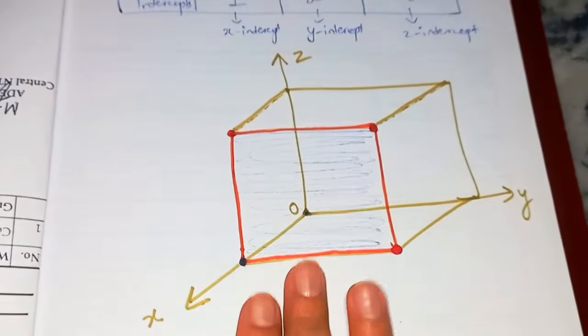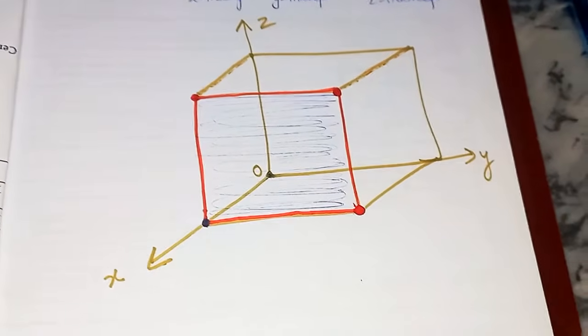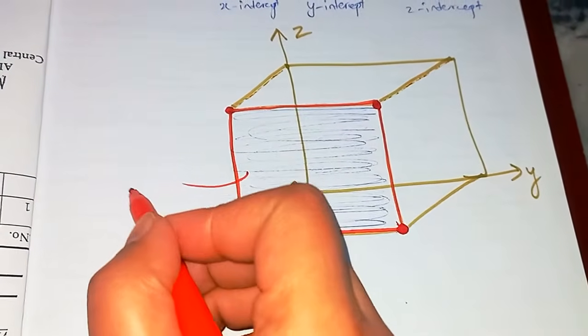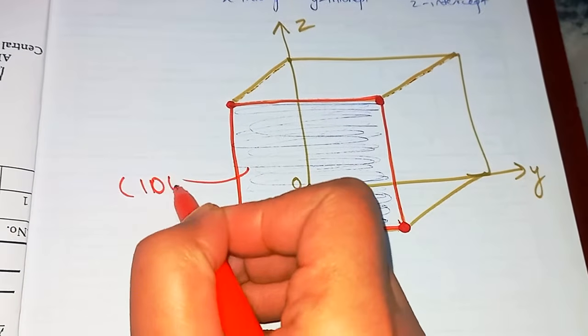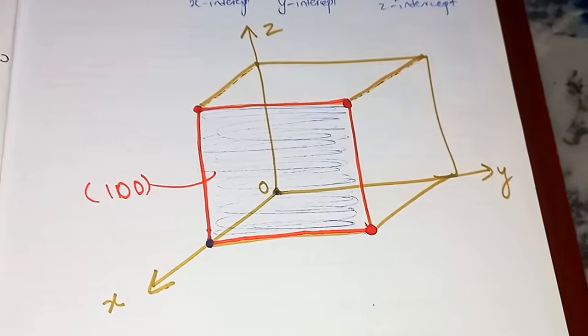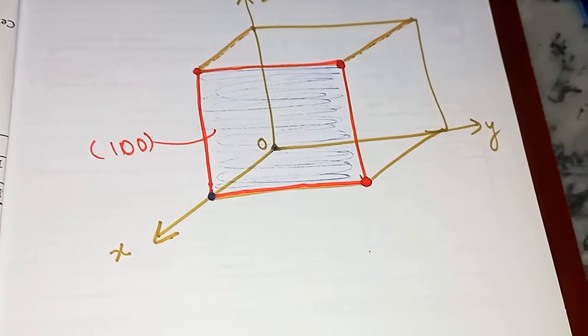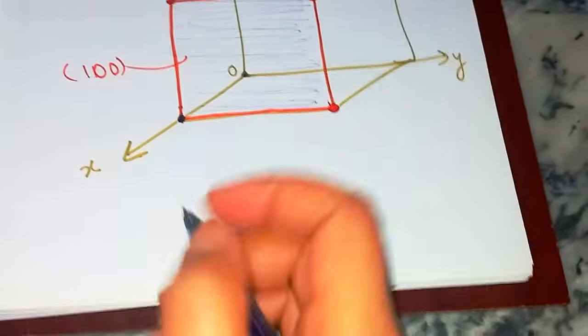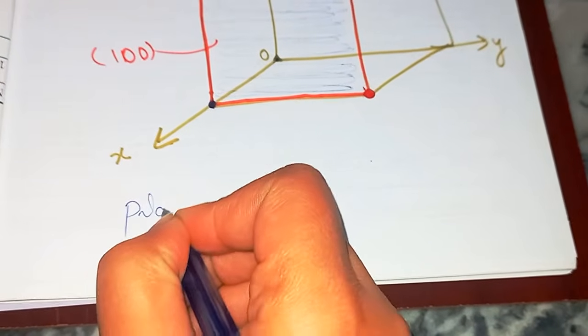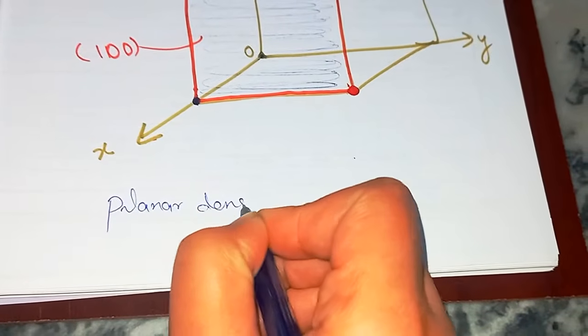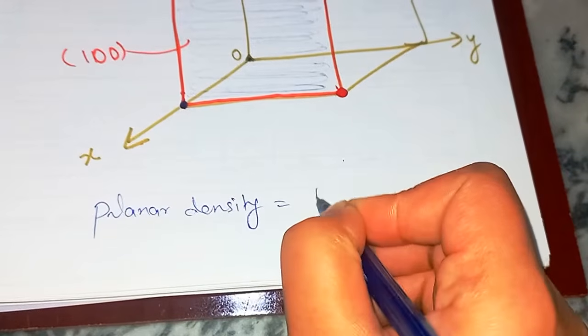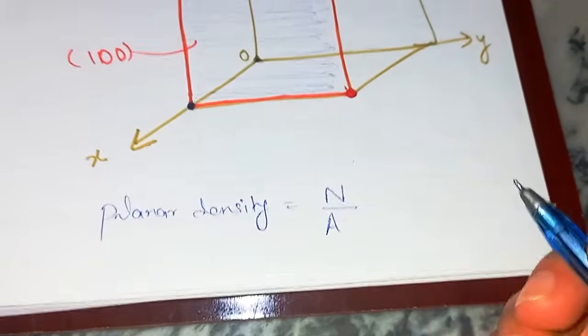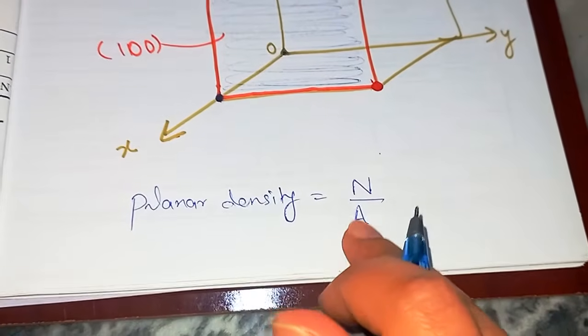Okay, so now we have drawn the plane, and this is our plane 1 0 0, and now we need to calculate the planar density, and for that purpose let me write down here the formula for planar density, that is equal to capital N divided by A. Now what is capital N and what is capital A?